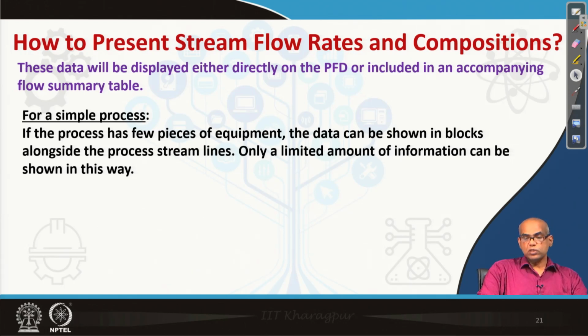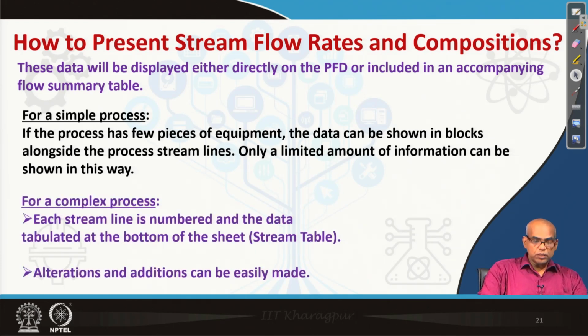You cannot write too much, otherwise it will be very difficult to read. For a complex process, each stream line is numbered and the data tabulated at the bottom of a sheet. It is a stream table. The advantage of using a stream table is that alterations and additions can be done very easily.